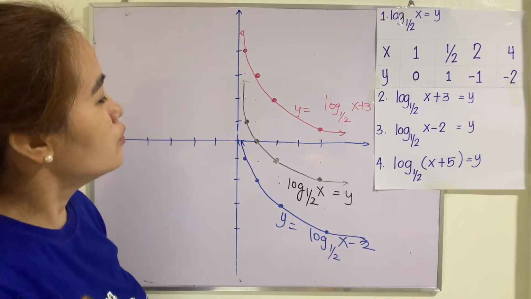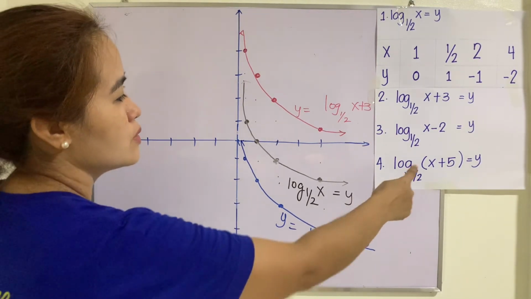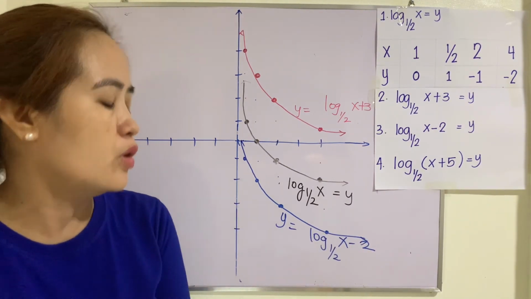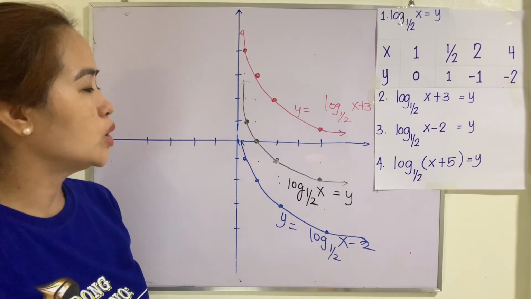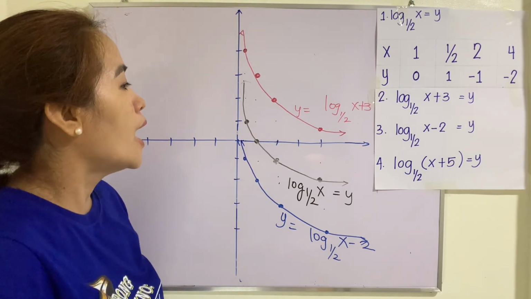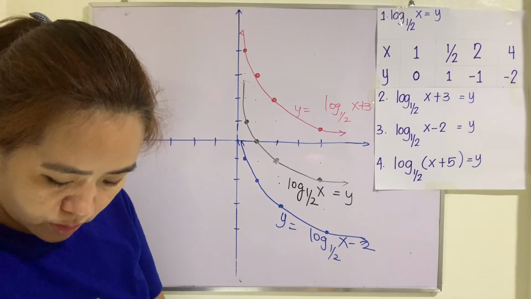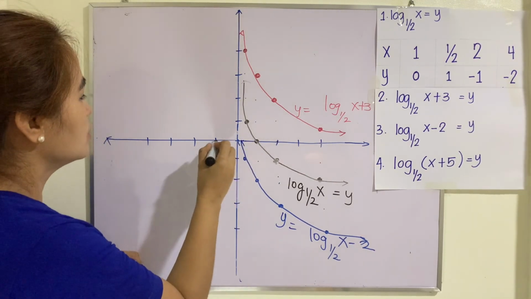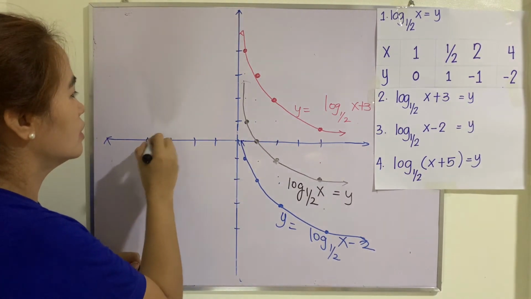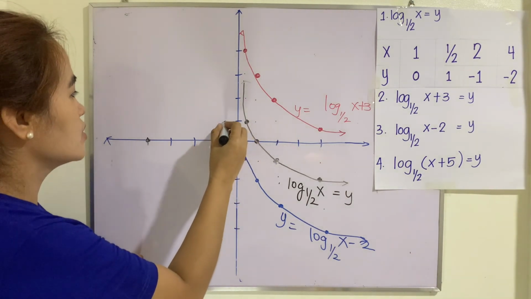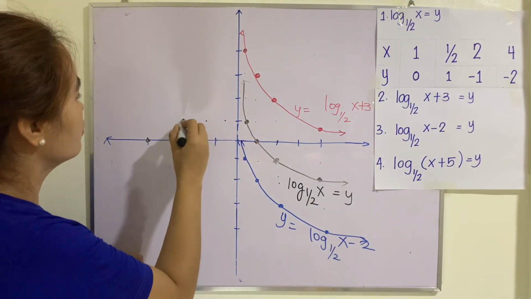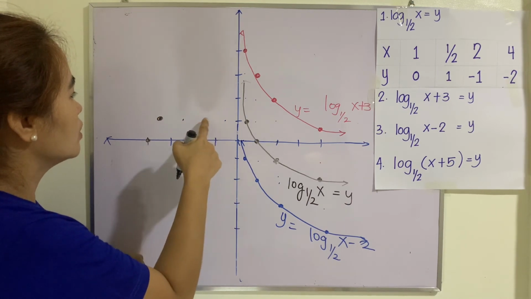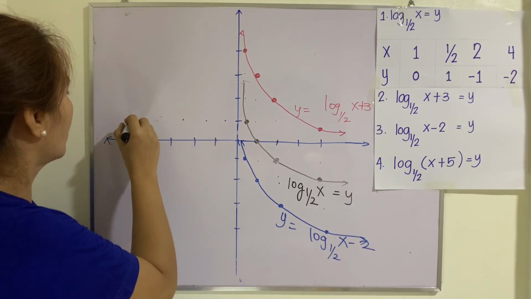And then for number 4, this one is plus 5. So I will be moving all points 5 units to the left. Okay, so let's do it. 1, 2, 3, 4, 5. This is 1/2, so that is 1/2 for each.